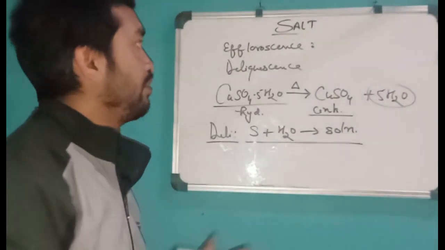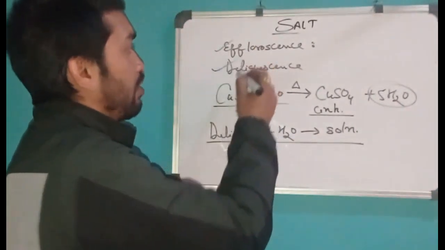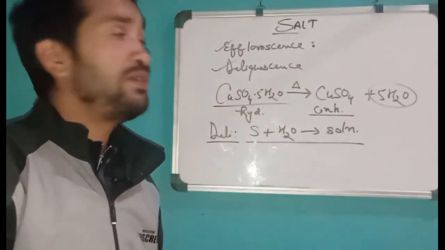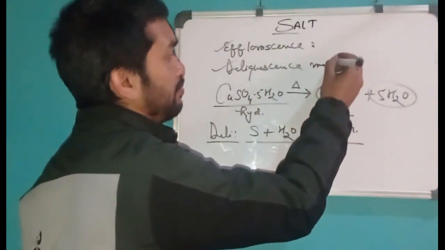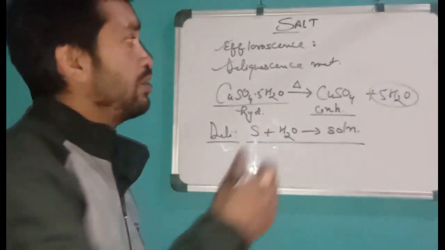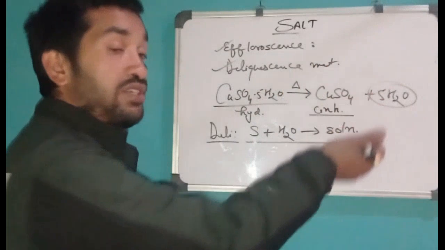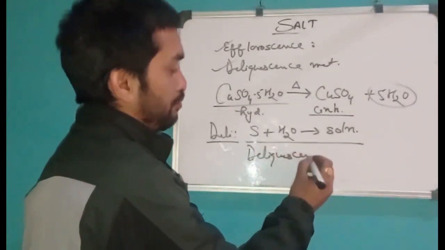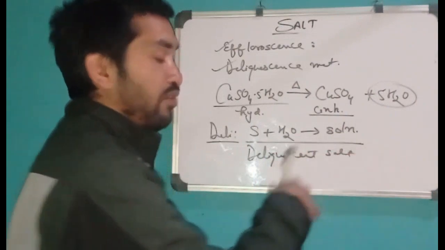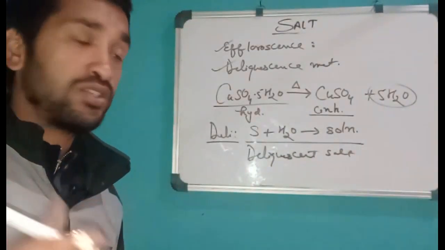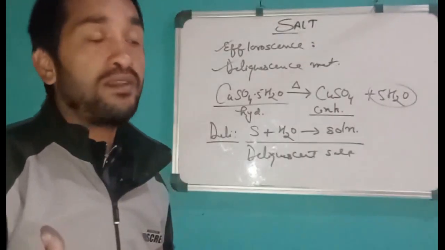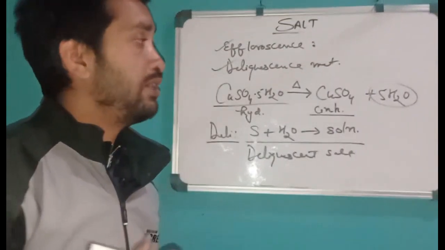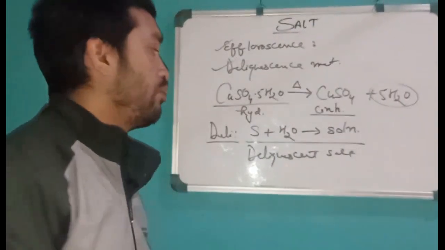So I hope it is clear what is efflorescent salt and what is deliquescent salt. Deliquescent material, and here we are talking about salt, so we call it deliquescent salt. Efflorescent salts are the salts which lose their loose combination of water and change to powdered or anhydrous form.